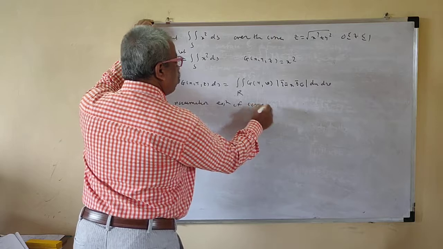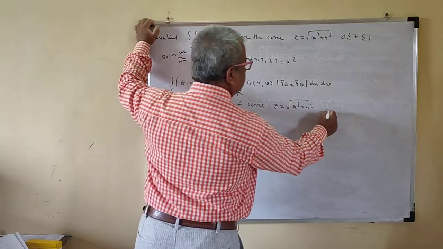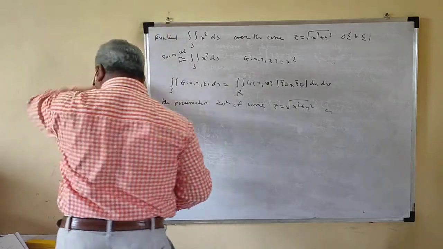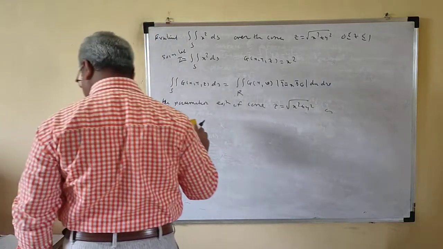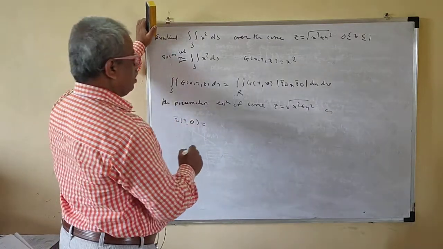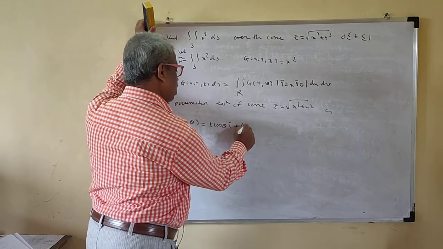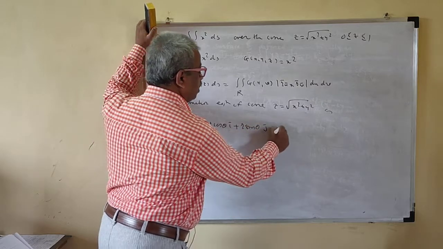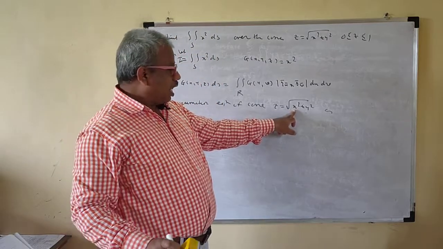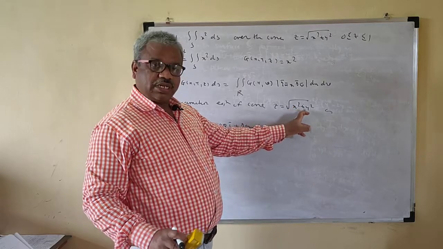The parametric equation of the cone z is equal to root of x square plus y square: r bar of r theta is r cos theta i bar plus r sin theta j bar plus r k bar. Because if you put x as r cos theta and y as r sin theta, then this is r square cos square theta plus r square sin square theta.